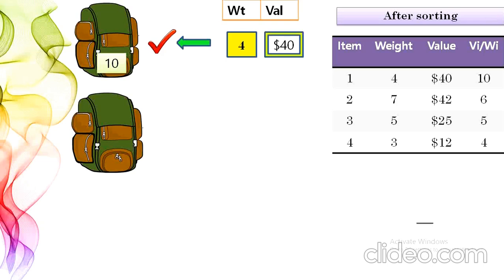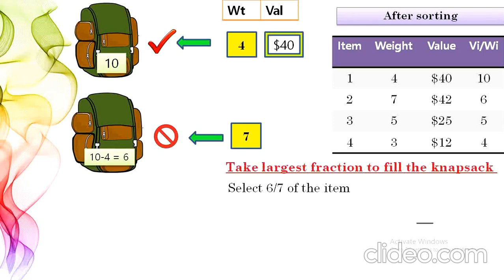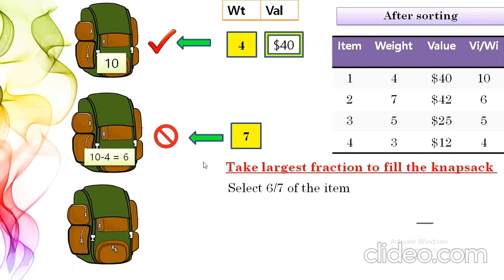The weight of the next item is 7. At this moment we cannot load item 2, but by using the continuous knapsack problem we can take the largest fraction to fill the knapsack. Here the remaining capacity is 6, so I can take 6 by 7 of the item into the knapsack. After taking 6, I need to find the corresponding value.